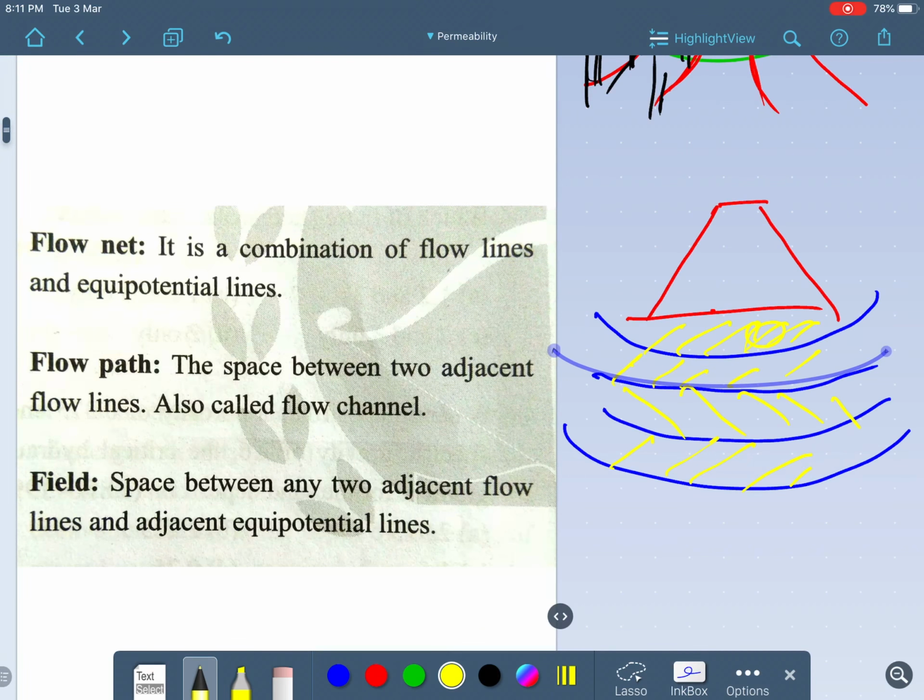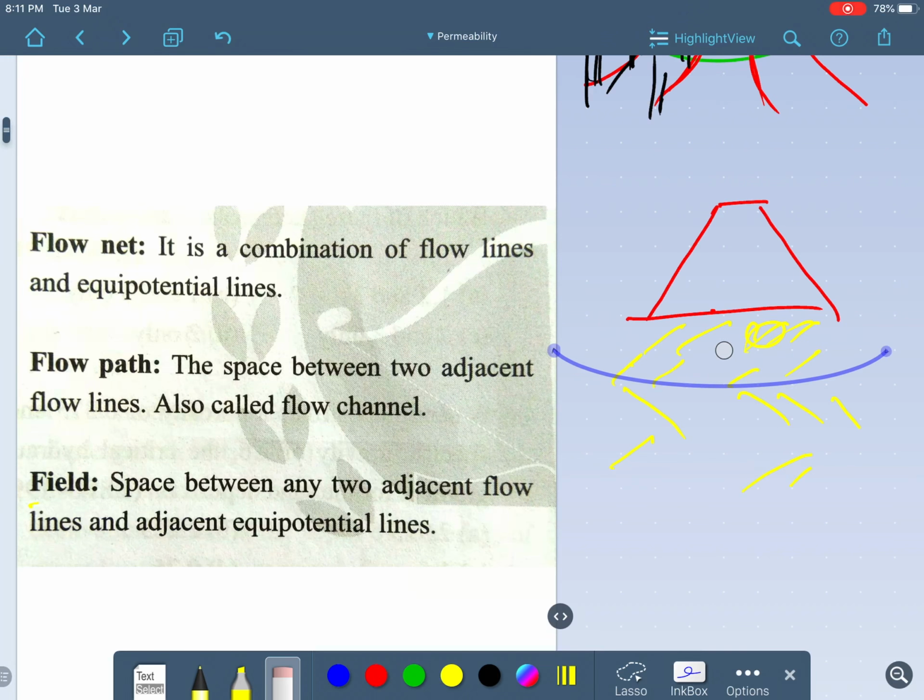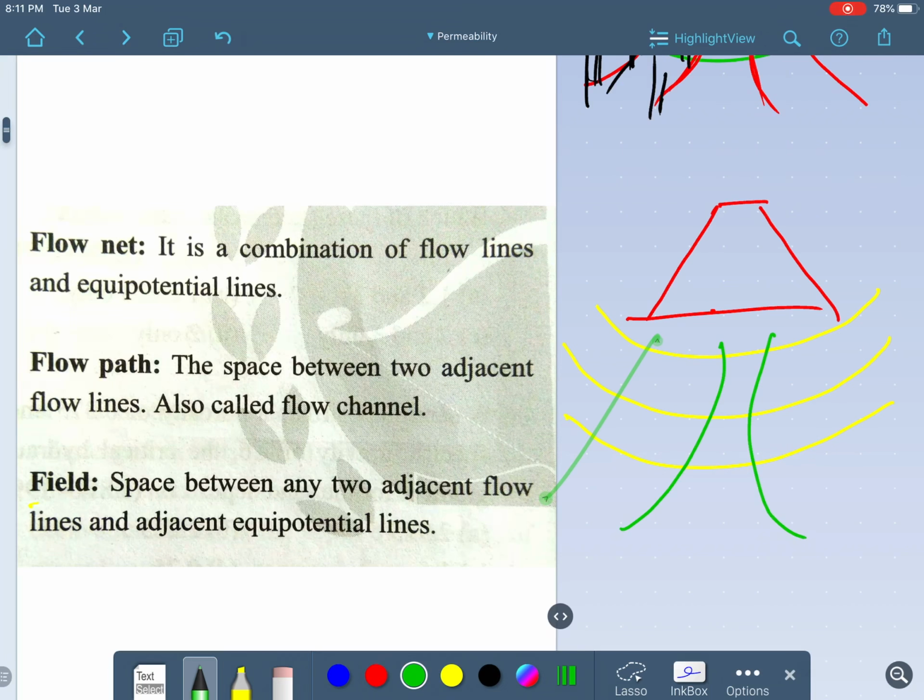Then what about a field? I'll just show you. If this is a flow line and this is an equipotential line, this is called a field.